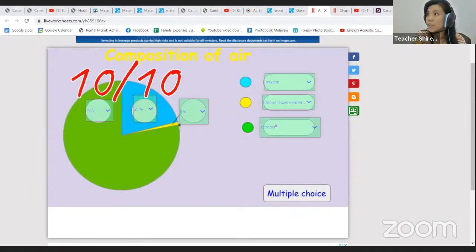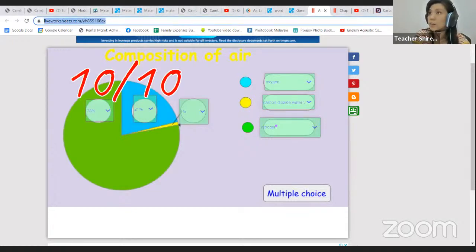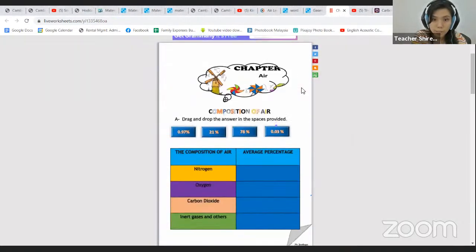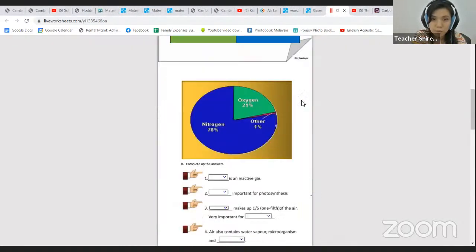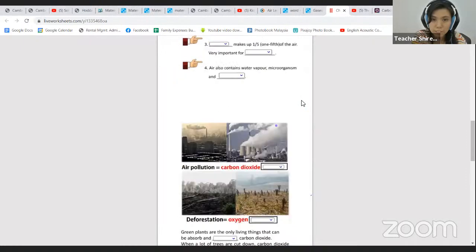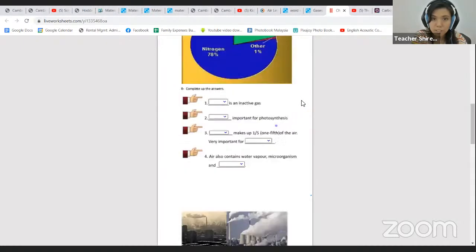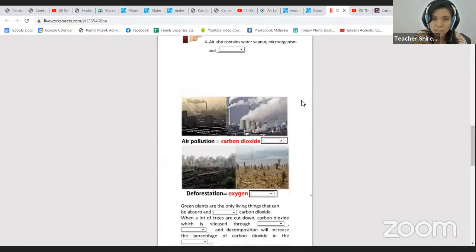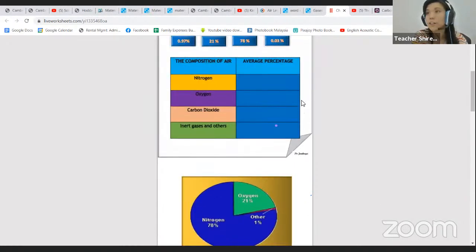Okay, so next one will be by Jensen. Hold on, let me copy and paste this into your Google Classroom. Okay, so this is one of it. Similar thing, but a little bit more complicated. So one person do the two charts and the other person do the bottom one, all right?